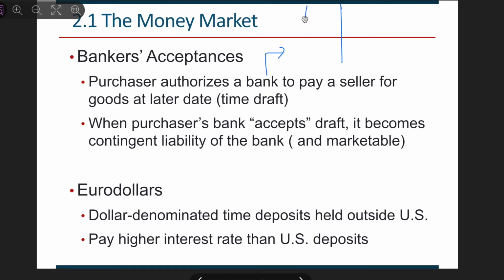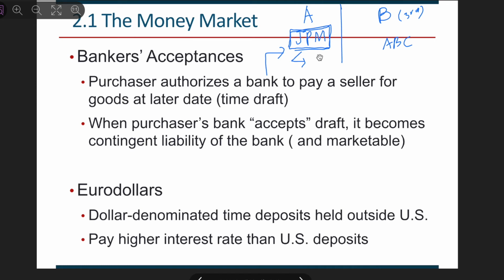Let's say we have a country A and country B, right? Country A has a well-known bank, let's say JP Morgan, and country B, which is a third world country, has a bank named ABC. Let's assume that. For JP Morgan, we think this bank is one of the best banks in the world, right?